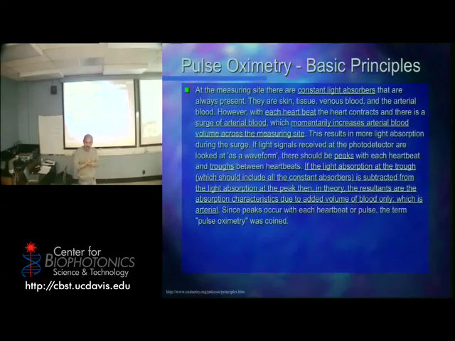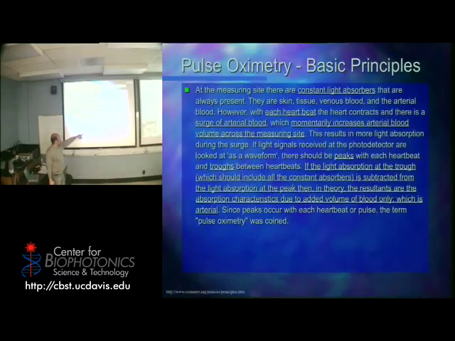So everything else stays the same. I just get this bigger push of arterial. So if I take the absorbance when I have that surge and subtract the trough, that difference will only be due to the arterial blood. And the arterial blood is what I care about. That's what I'm trying to figure out, how much oxygen is in your arterial blood. Not in your venous, but in your arterial blood.